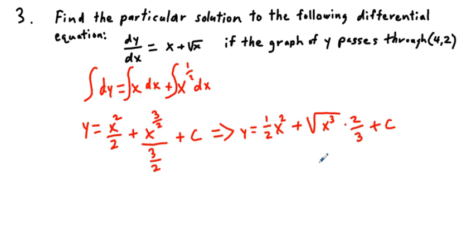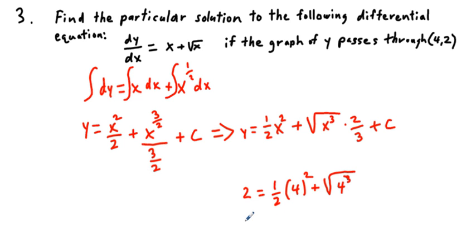I'm going to go below and leave a gap above. So we're going to put, let's see, y is 2 equals 1/2 times 4 squared plus square root of 4 to the 3rd power. Let's see, 4 to the 3rd power, 4 times 4 times 4, that's going to be 64, right?